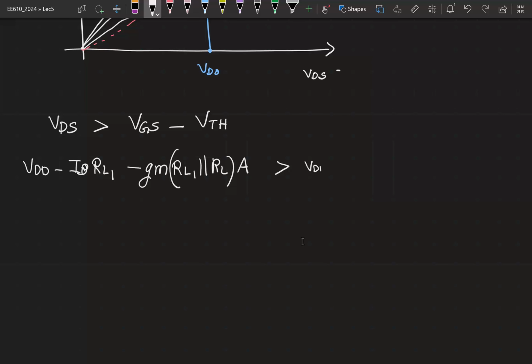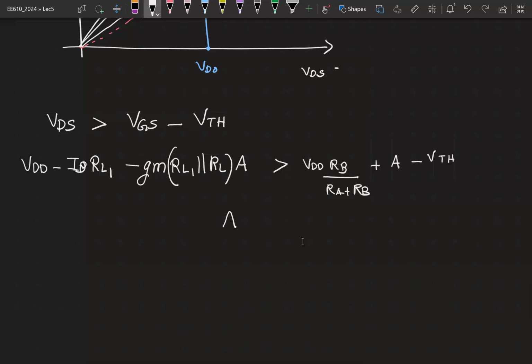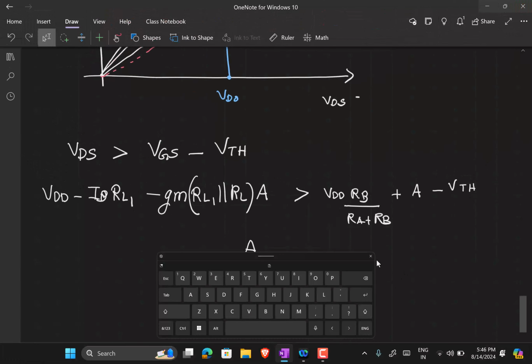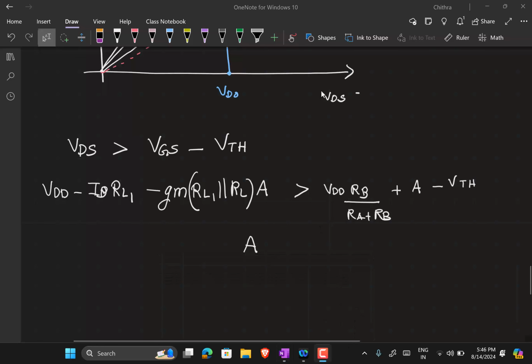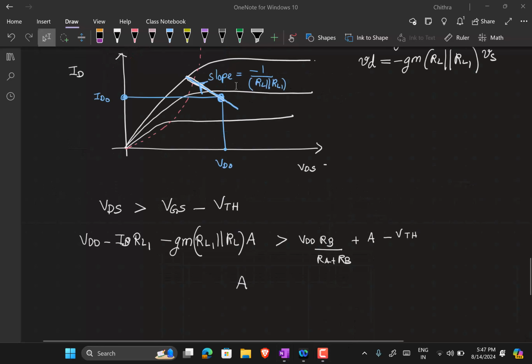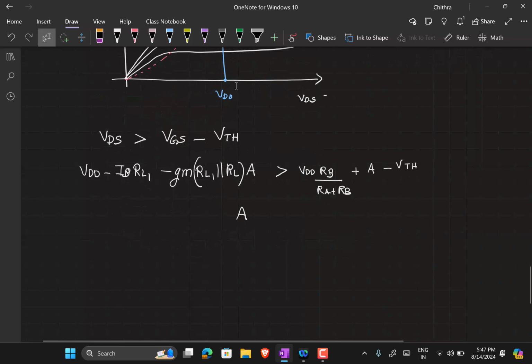VGS naught, which was VDD into RB by RA plus RB, plus A, minus VTH. Can you solve this and find out what is the limit on A? So what do you get?